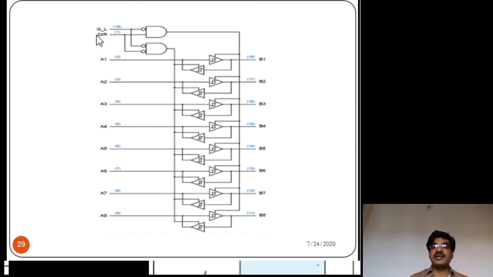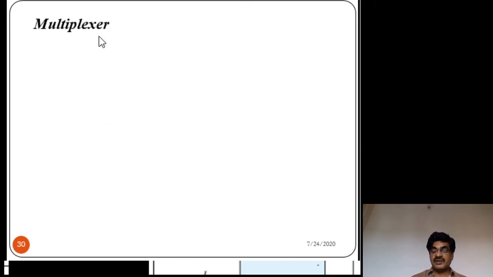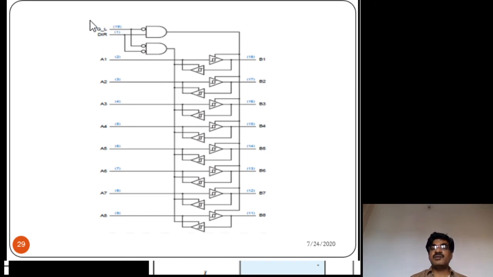That is decided by the DIR input, whereas G is the enable input for all these buffers. Suppose G is 0, that means a proper input is applied at G, and the DIR value is also 0.